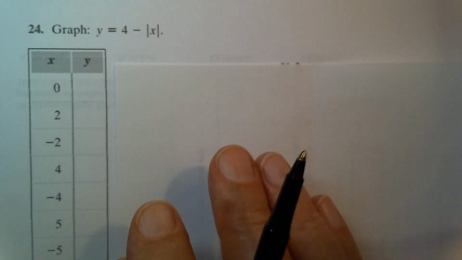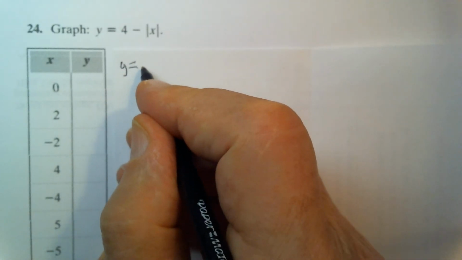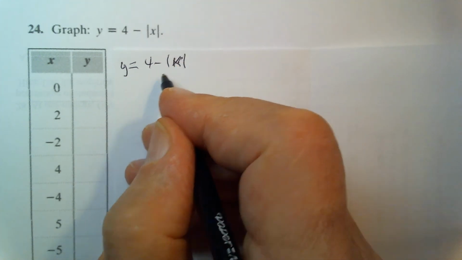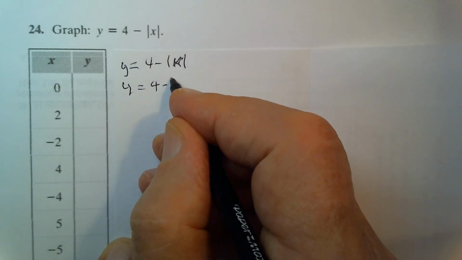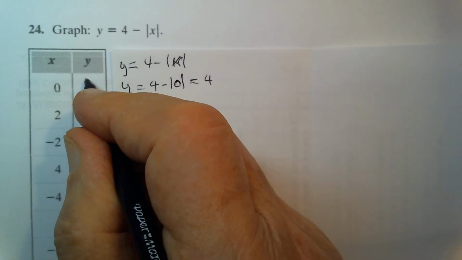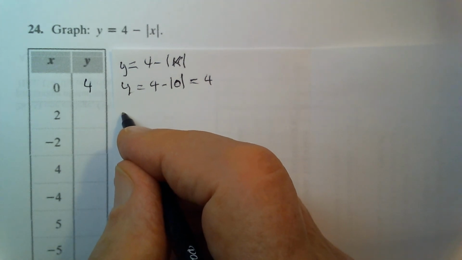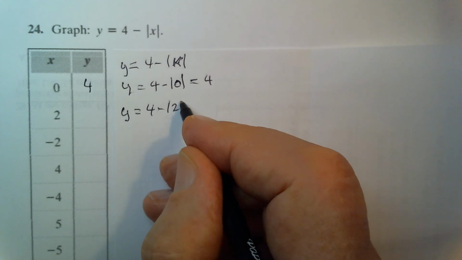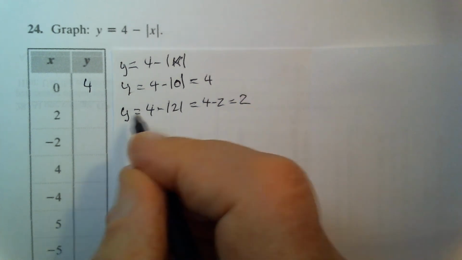When x equals 0, we have y equals 4 minus absolute value of 0, which is 0, so it's simply 4. When x equals 2, then y equals 4 minus the absolute value of 2, which is 4 minus 2, or 2.